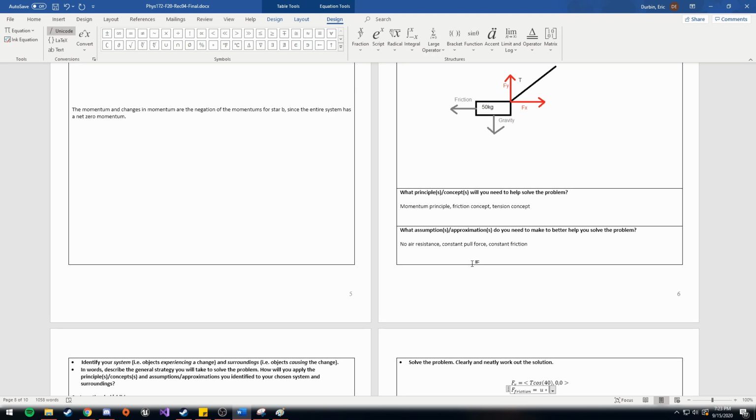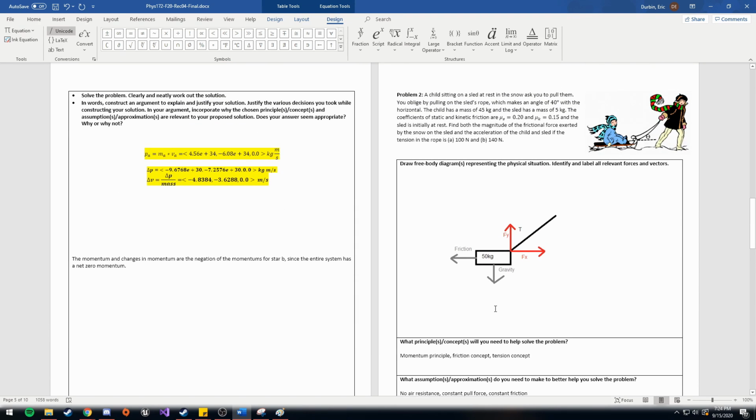Yeah, I think it's one mass. Or are you talking about if you take the child and the sled separately, like the child is mass 1 and the sled is mass 2? Is that what you mean? Yeah. To solve normal force, it's basic. I think it's just gravity, but opposite. You just switch the signs. Yeah.